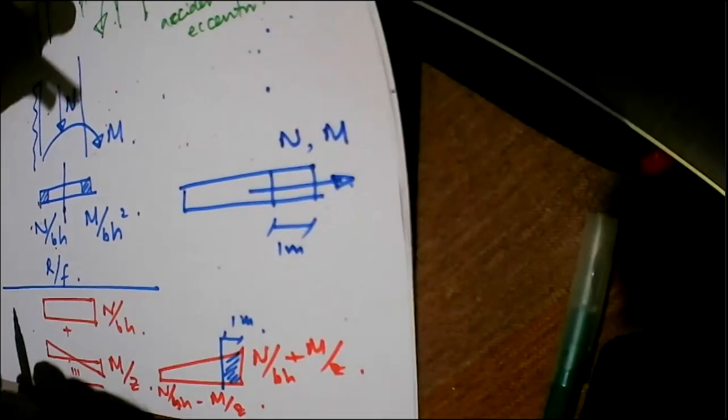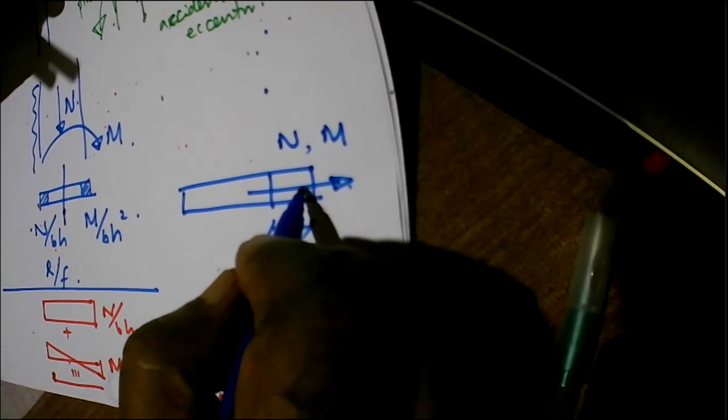But when you are designing this, we consider 1 meter length and design as a column subjected to an axial load N and M, where M is about this axis. So this way we can find the reinforcement required to carry the in-plane axial force and the out-of-plane moment. So this way we can design the reinforcement in the wall.